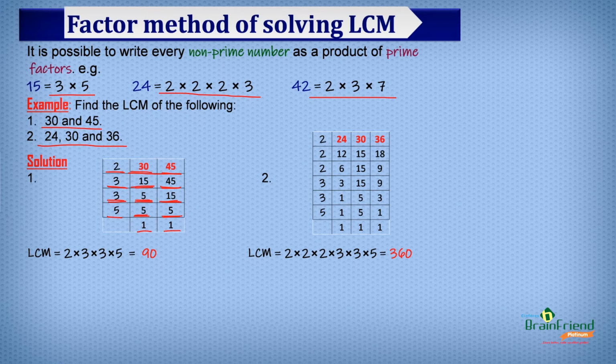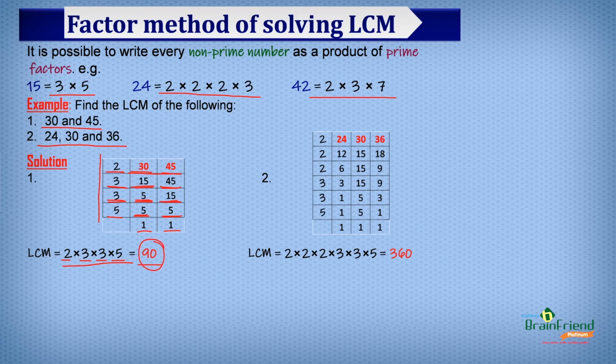So at this point we can list out all the factors we have. We have 2 multiplied by 3 multiplied by 3 multiplied by 5. And when we multiply all this, we have 90. So our LCM here, our lowest common multiple between 30 and 45, is the number 90.